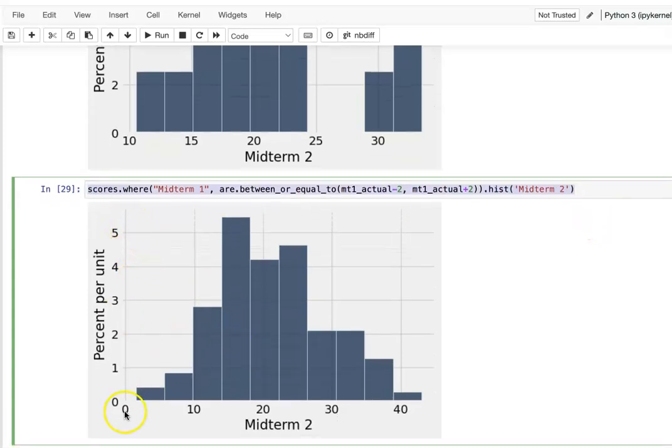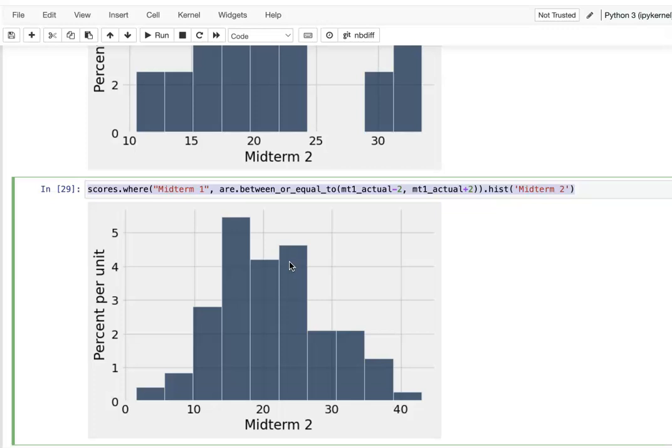So in each range, for example, if the actual grade for midterm 1 is 21, then the range is plus or minus 2. If we use this to find the average, maybe that is also a good idea.